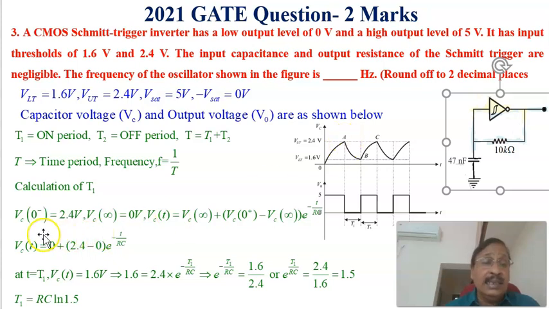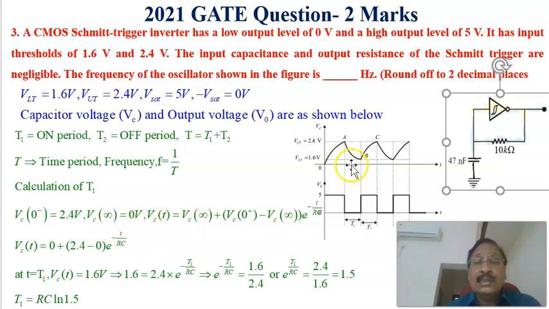Therefore, Vc(0-) equals 2.4 volts, and this discharging continues; as time t tends to infinity, it would have gone to 0, but when it reaches the lower threshold voltage, it starts charging again. Therefore, Vc at infinity is equal to 0 volts.